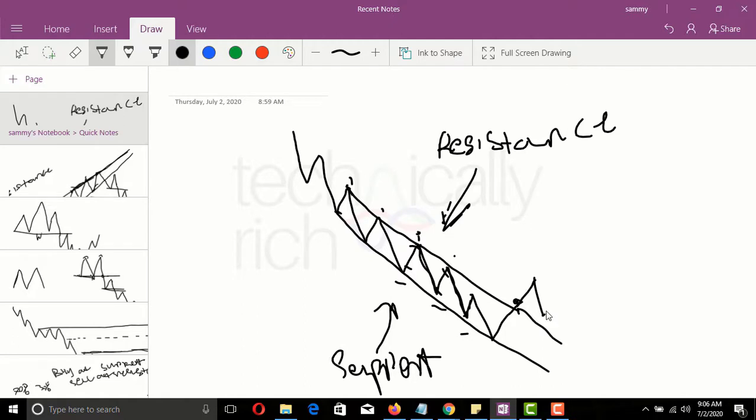Then if the market retests and finds support there and goes back up, once you've seen a healthy, strong, bullish candle after this retracement telling you that this market has found support, you can buy right here, stop loss right here, and then you ride to the next possible resistance.